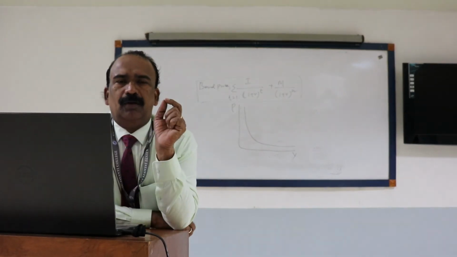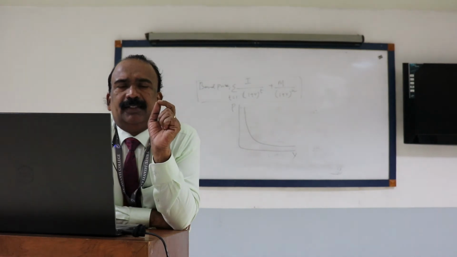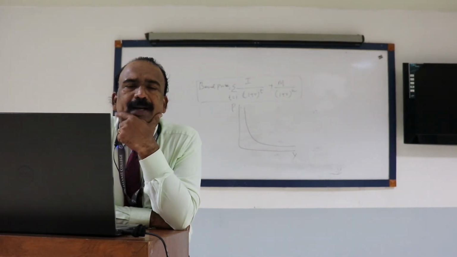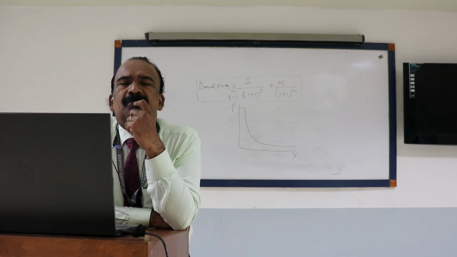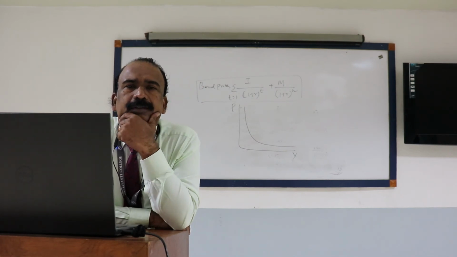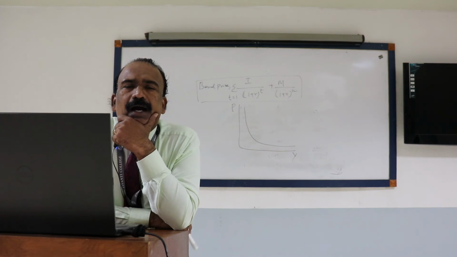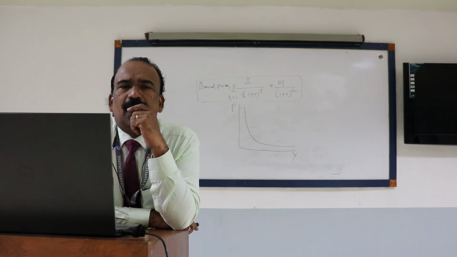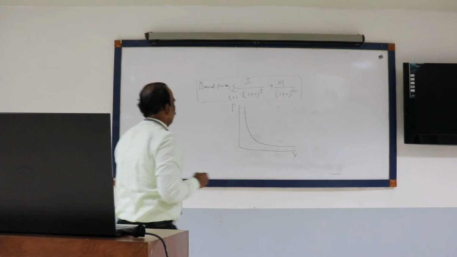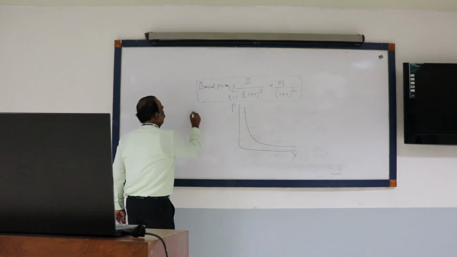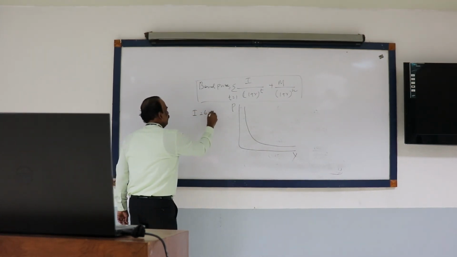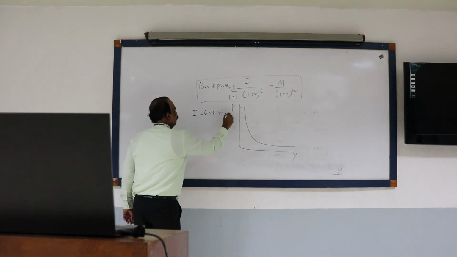Okay. Now, theorem number 1. The interest rate I is 6.5%. R is equal to 3.9.